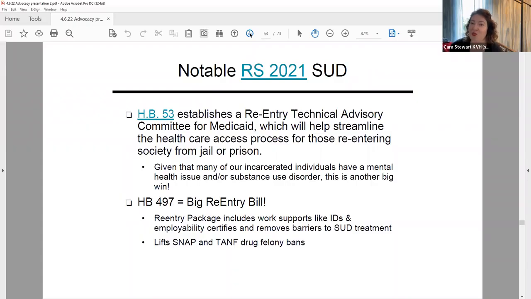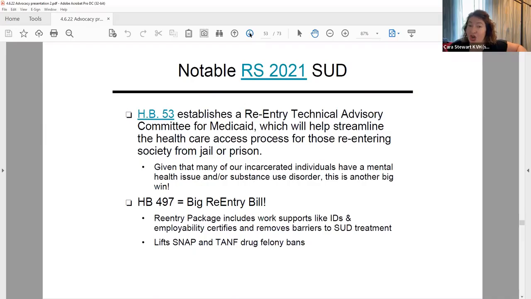And then there was one thing that KVH, for example, worked really hard on for years. That was a part of House Bill 97 that may not have seemed obvious to a big reentry bill, and that was lifting the SNAP and TANF drug felony bans. So we had hungry people in Kentucky that had a charge from Florida from 30 years ago. So you've got somebody who's 60 years old, and when they were 19, they got charged with some kind of theft of $300 of something.